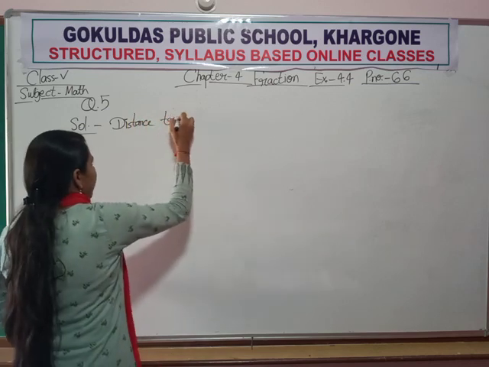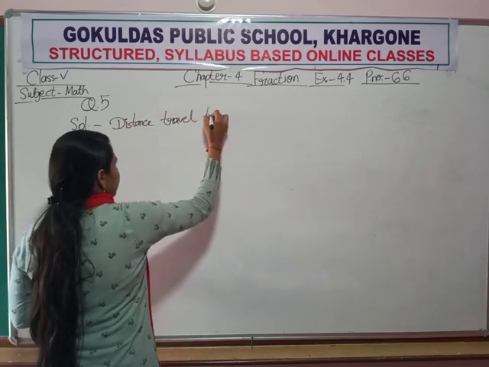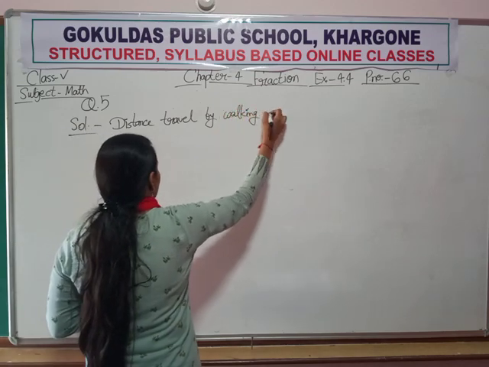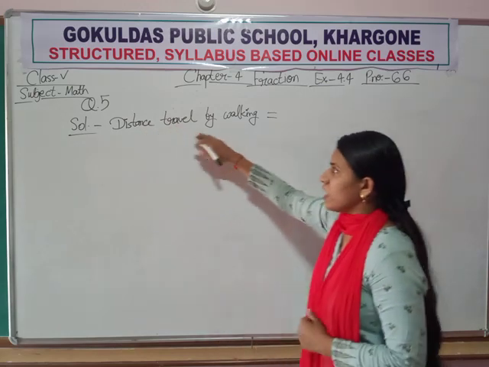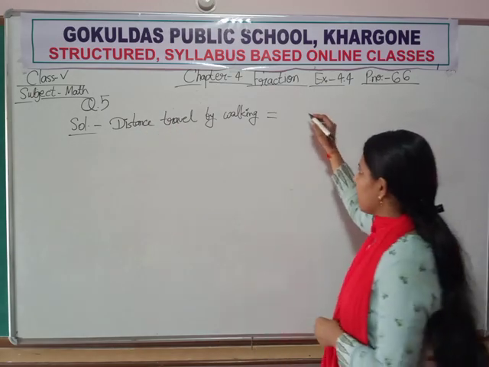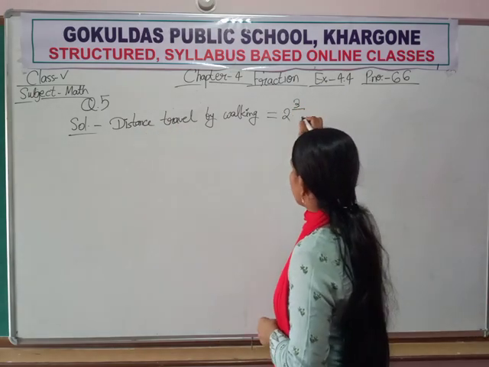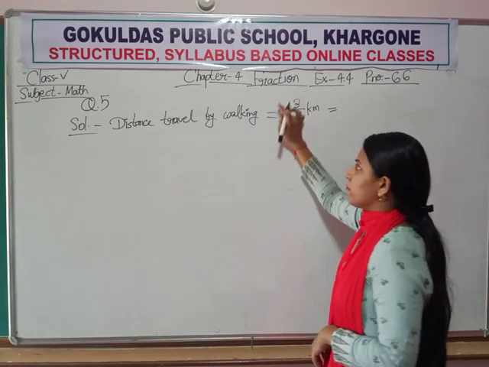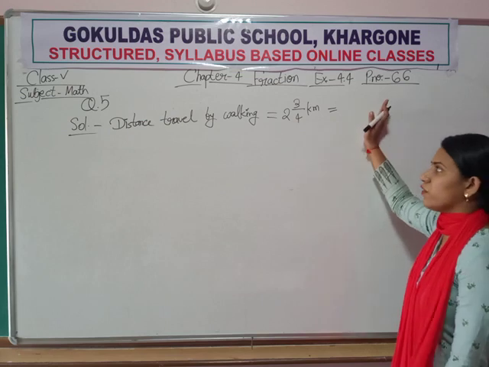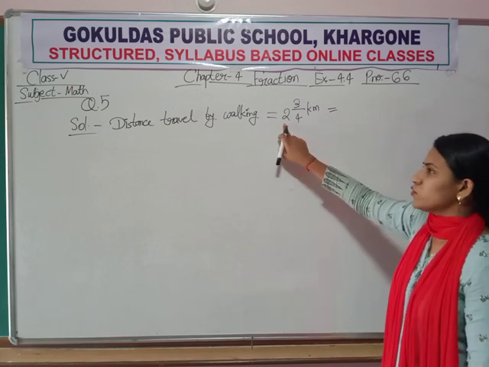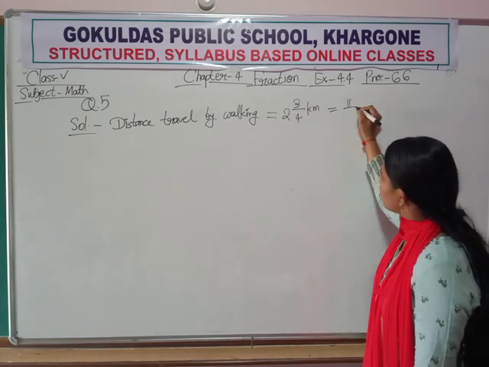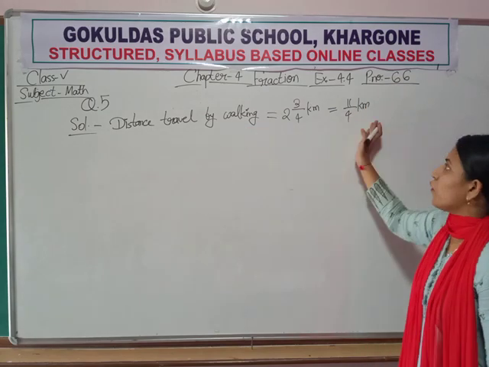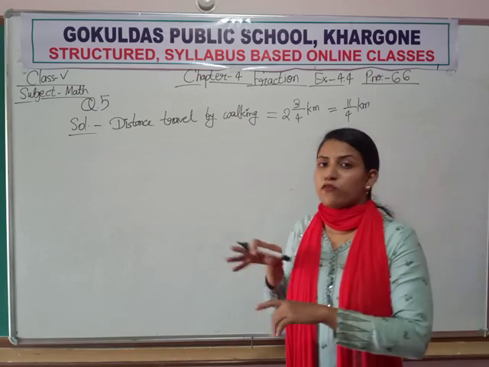Distance covered by walking. How much does she cover by walking? 2 3/4 kilometer. It is a mixed fraction, so let us convert it. 4 twos are 8 plus 3, 11/4. 11/4 kilometer distance she covered by walking.